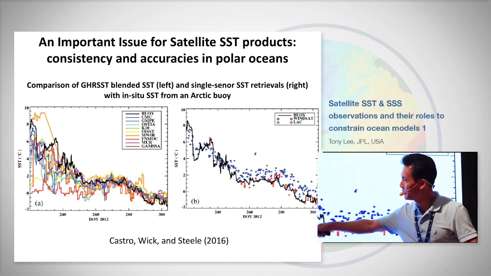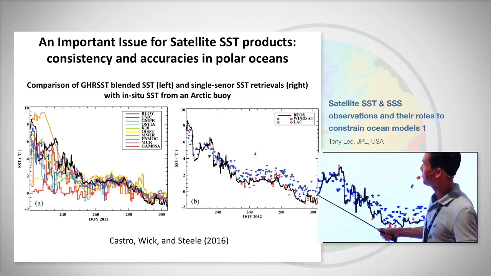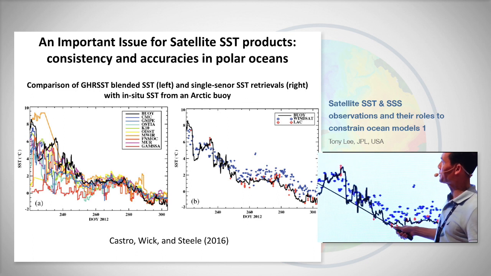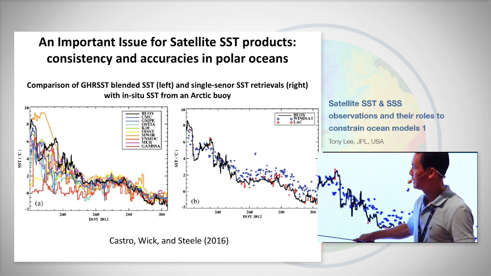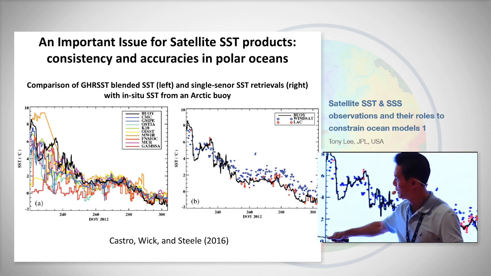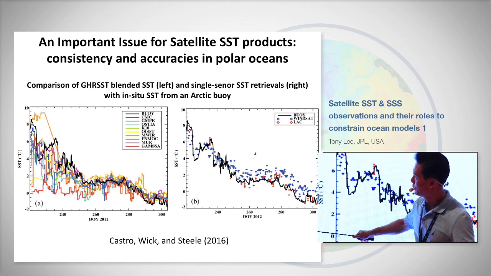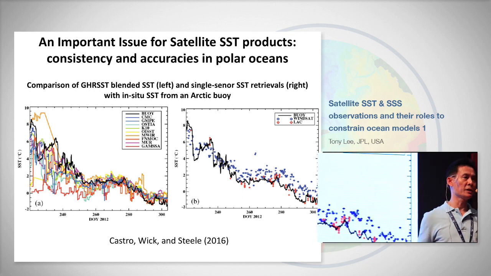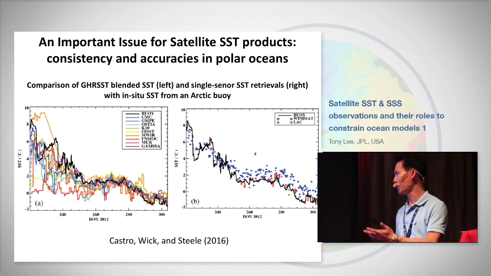This is time, and the different color curves are from the different GHRSST products and one global multi-product ensemble, GMPE. The black is the buoy data. You see a large spread, and many of these satellite products are below the buoy. So there's really an issue here with the consistency and accuracy of even the high-level blended SST products in the Arctic.